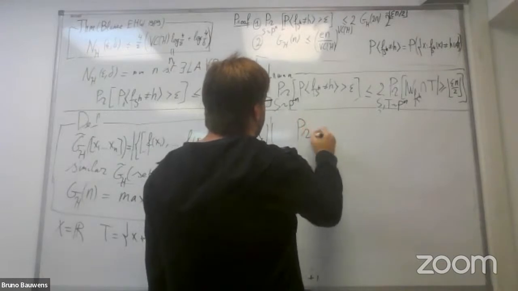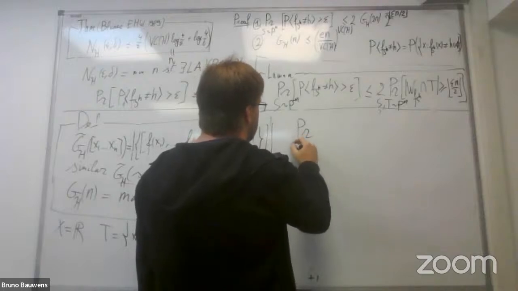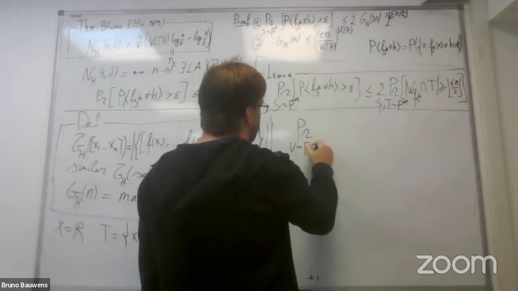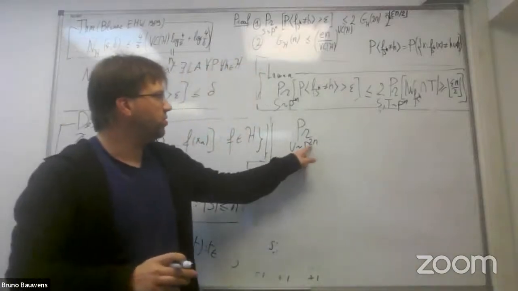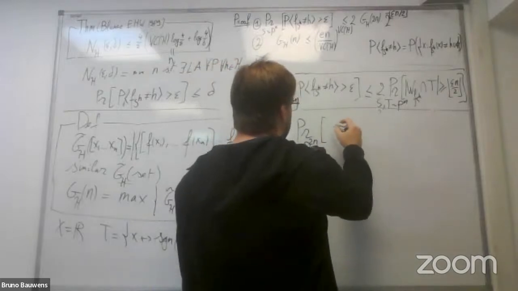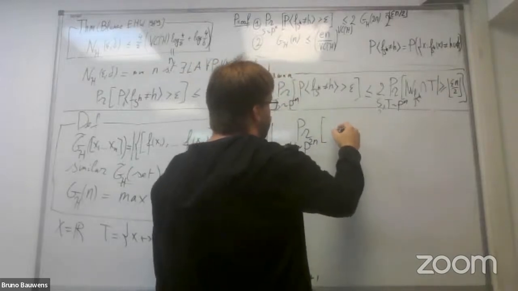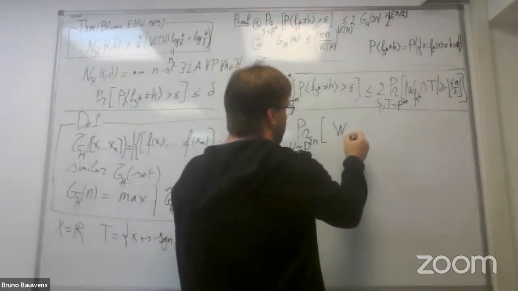In the second step, we generate U, a list of length 2n, then the probability that the learned classifier makes few mistakes is small.